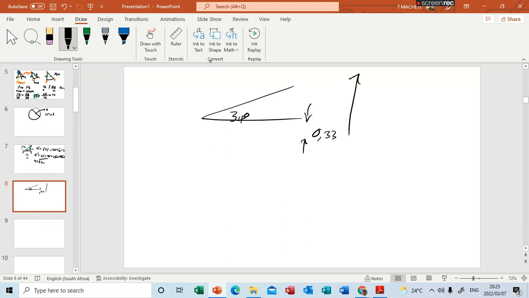Then there's h, which is your height. And then you've got this. And then there, 20 meters. And then here you've got another one, which is 1.23 meters.